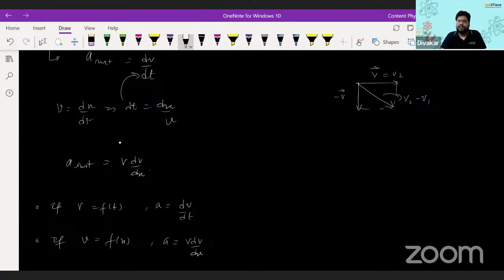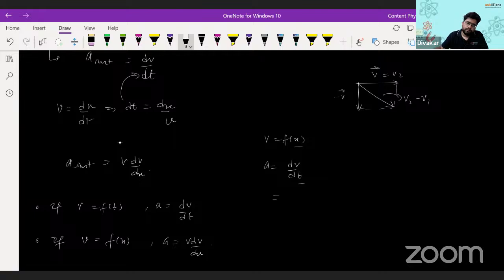Now, few of you may wonder whether these are two different formulas, or a variation of a single formula. Actually, it is a variation of a single formula. Let me explain that. For example, velocity is given as a function of x, and I only remember that there is a formula called dv by dt. Now you can see the variables here are t and x, they are not the same, so differentiating them easily will not be possible. So you will go for the chain rule. And what does the chain rule say?